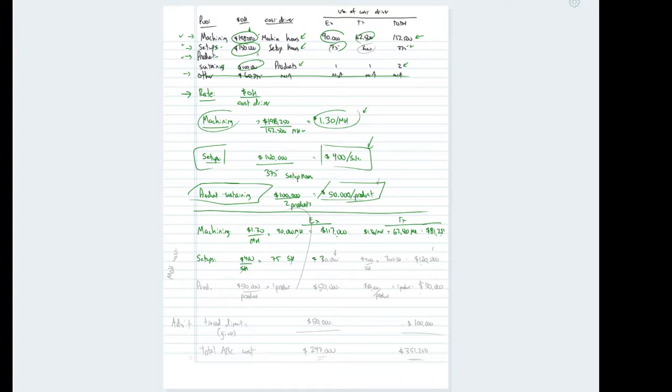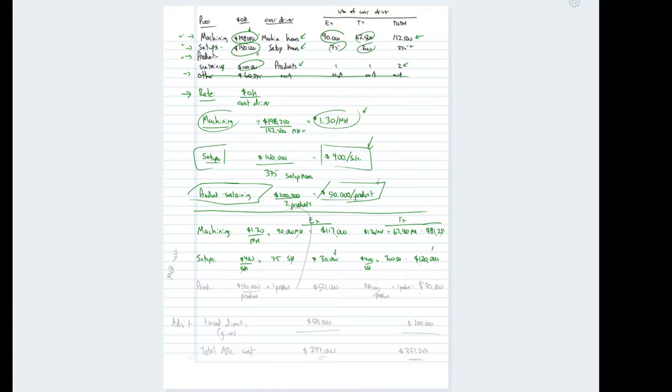And then for the TX, we have $400 per setup hour times 300 setup hours, and that gives us $120,000 of setup cost allocated to the TX. And again, 30,000 plus 120,000 equals the 150,000 total cost to be allocated for setups.